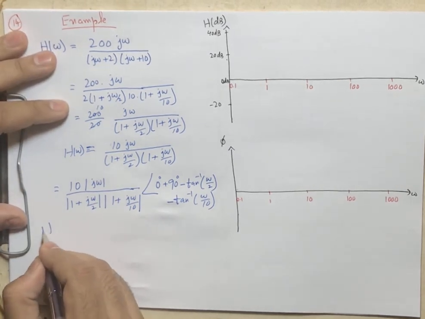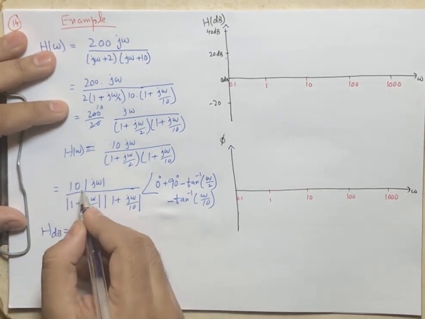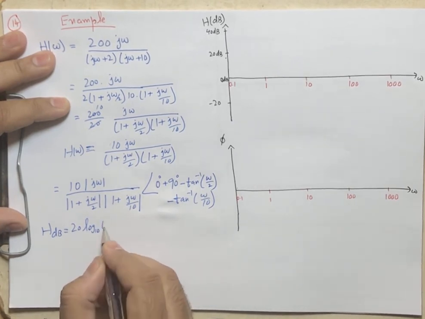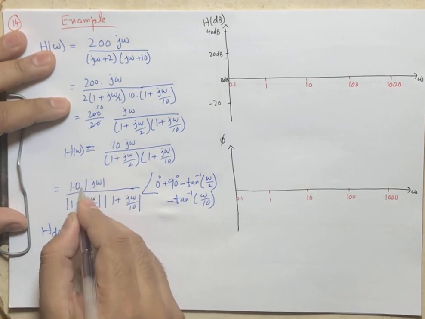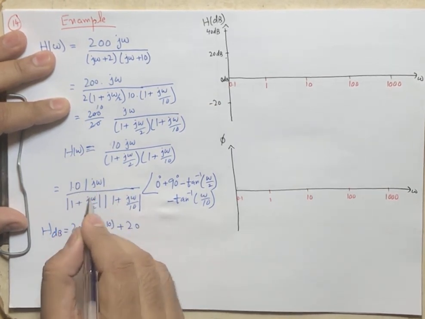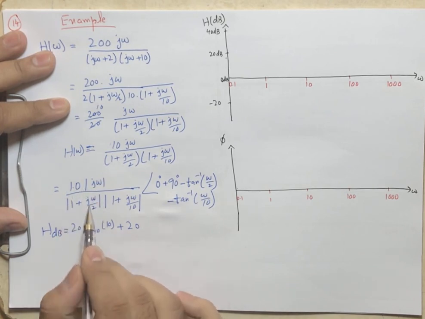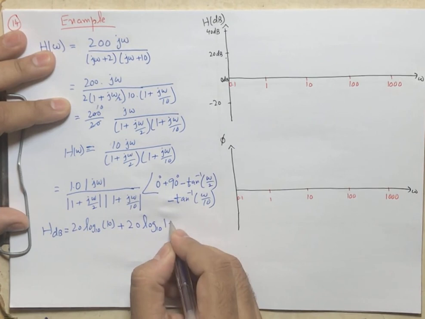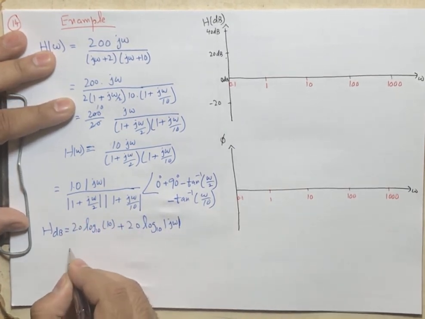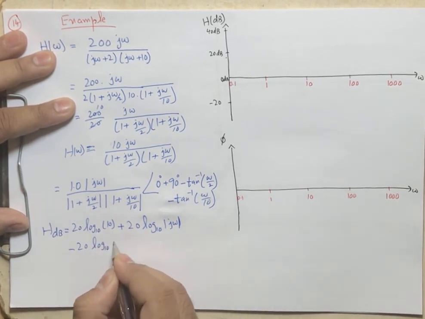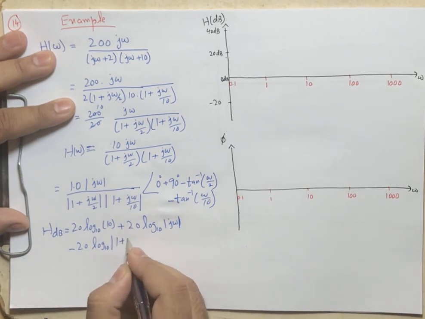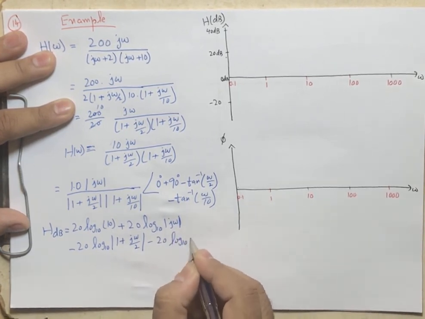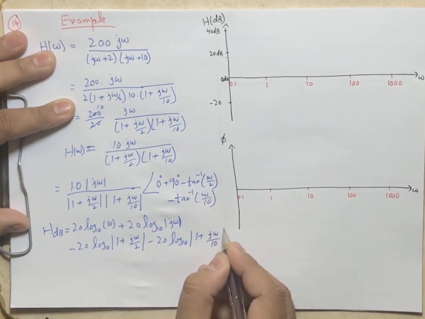Now H in dB will be equal to, taking the individual terms, 20 log 10 of 10 plus, because these are multiplying with each other, if I want to take the individual logs, I am going to add them, 20 log 10 of j omega, and these two are in the denominator, so minus 20 log 10 of 1 plus j omega by 2 minus 20 log 10 of 1 plus j omega by 10.